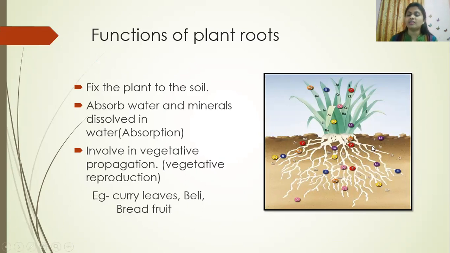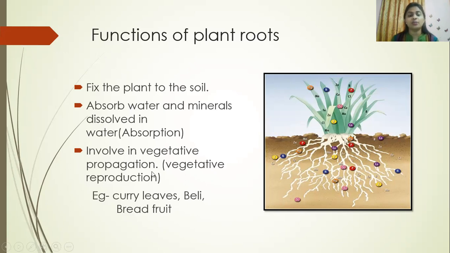There are so many different types of minerals. They are dissolved in soil water and plant roots can absorb them. So that is mainly done by plant roots. Then absorb water and minerals dissolved in water. So that is what we call absorption.